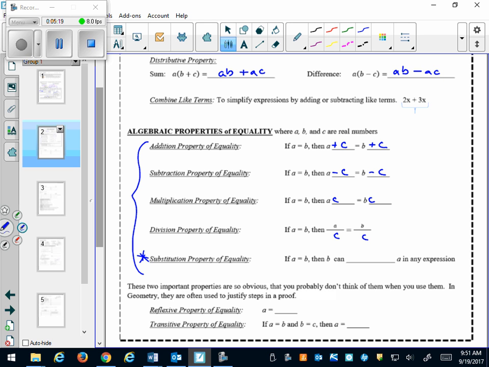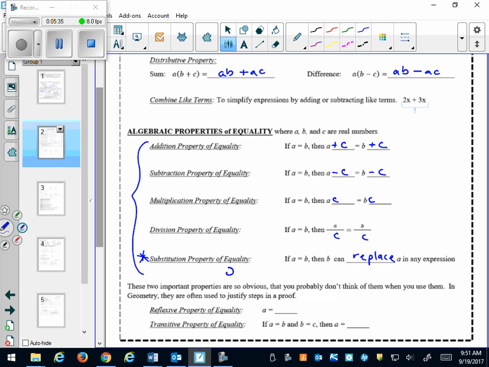Substitution might be a little bit of a different property, but you've learned this concept before. If A equals B, then B can replace A in any expression. You've done this before.